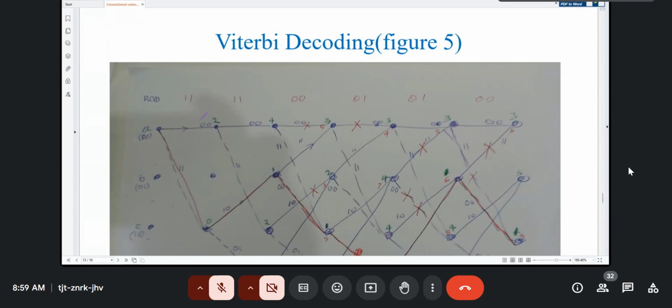If it was a 1, you would have received 1 1.